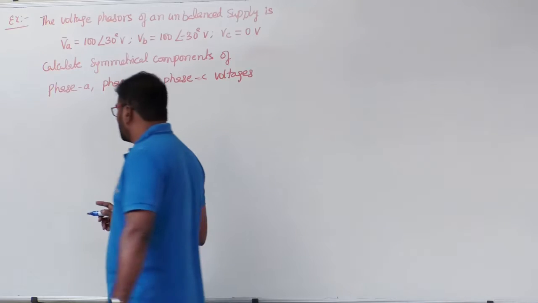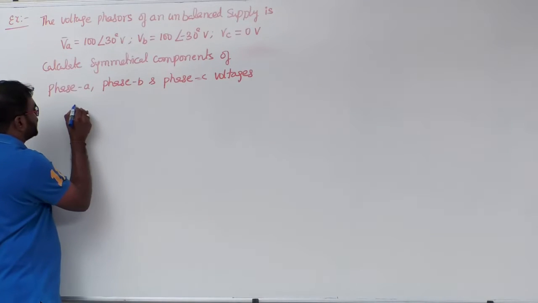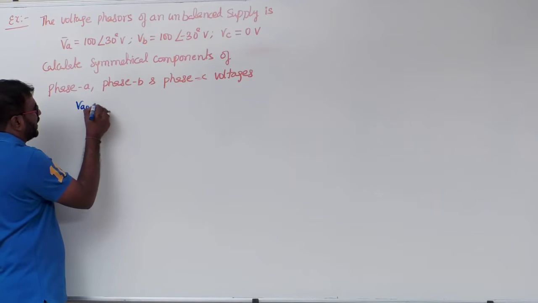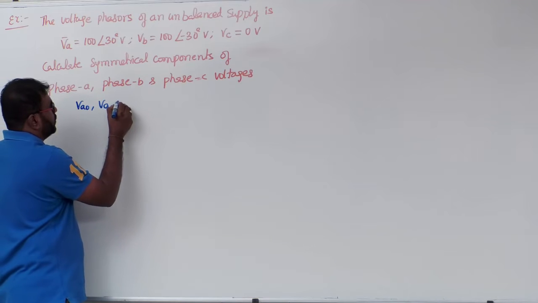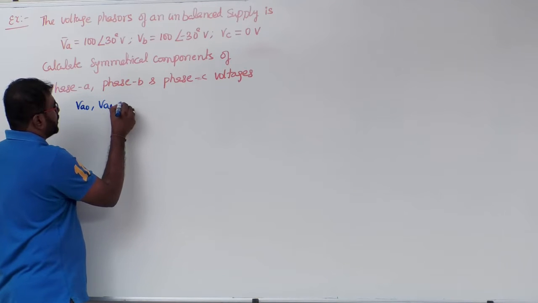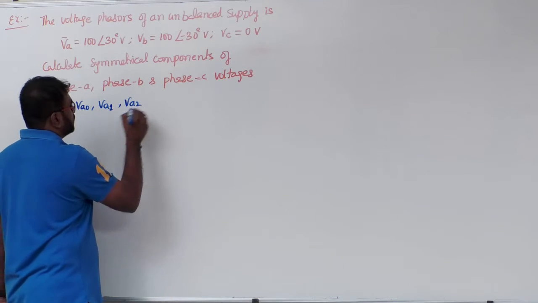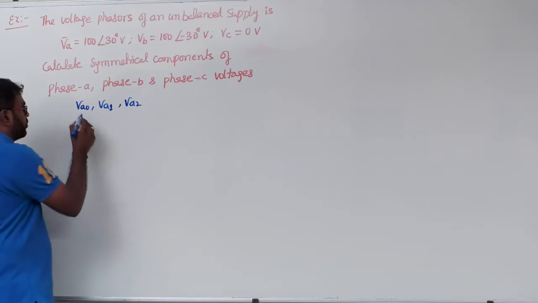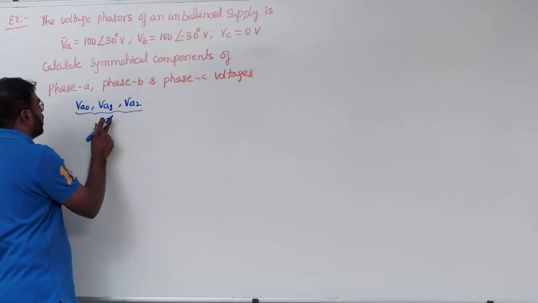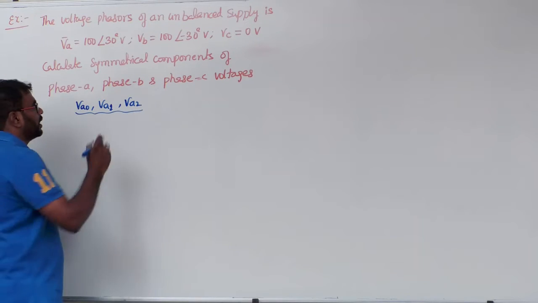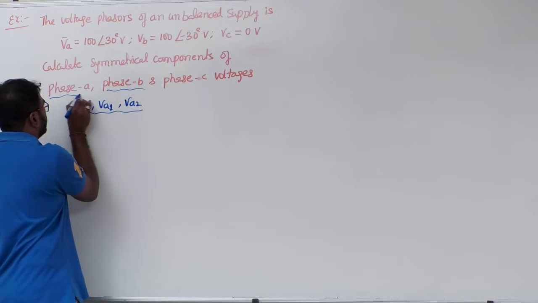So what you can understand from this is that it is asking to calculate VA0, VA1, VA2. That's not enough, because these are the symmetrical components of phase A voltages. Now what about the symmetrical components of phase B voltages?